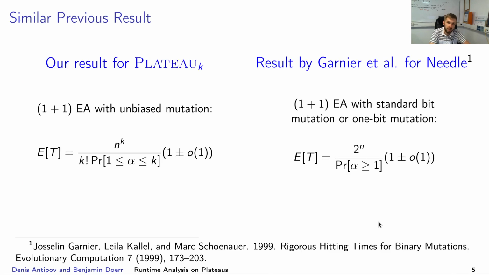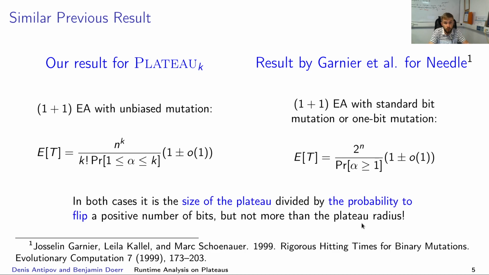Our result is consistent with the previous result obtained by Garnier and co-authors for the needle function, where they showed that the (1+1) EA with the standard bit mutation or with the one-bit mutation has this runtime. We note that in both cases, the expected runtime is the size of the plateau divided by the probability to flip a positive number of bits which is not larger than the radius of the plateau.